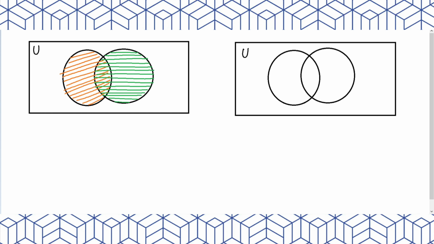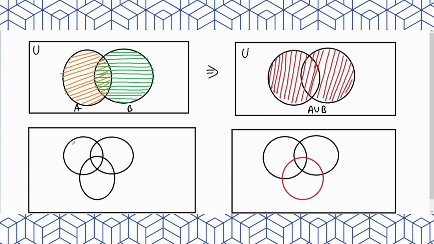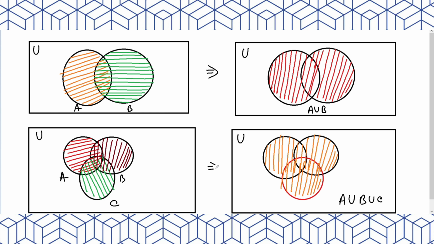Therefore, A union B is the region covered with all the lines, and shade the whole part with red lines. Similarly, to represent the union of three sets, we draw three intersecting circles inside the rectangle and shade them with different colored lines. Then the union is the whole colored part shown in the bottom right rectangle.